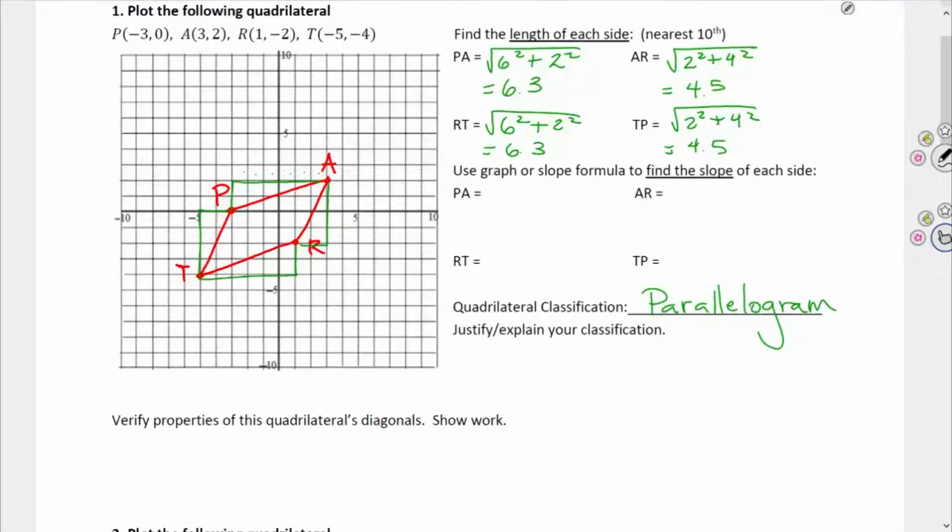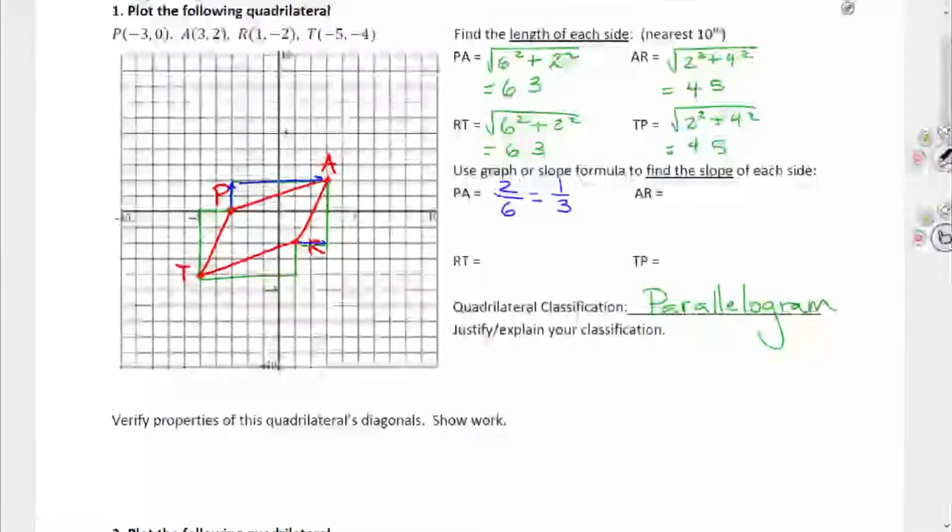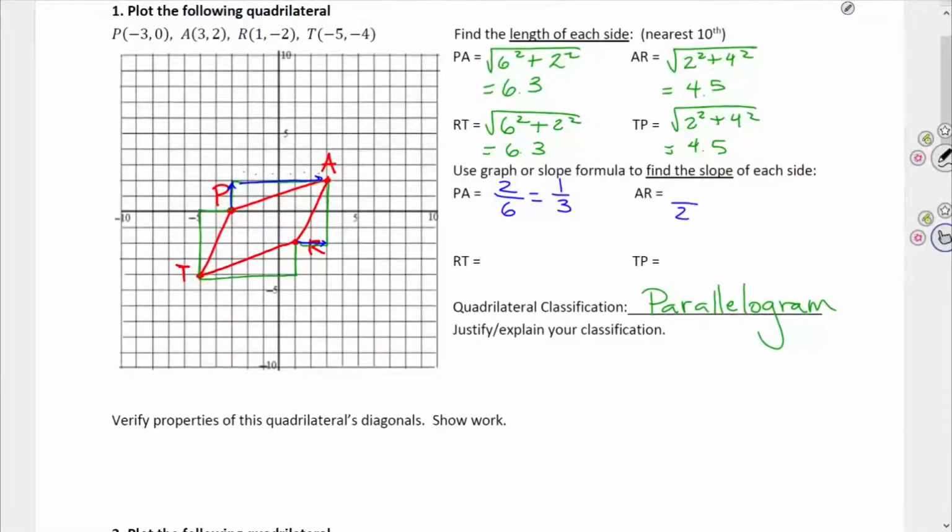So the slope of PA, there's a rise of 2 and a run of 6. Both are positive, and so you get a slope of 1/3. For AR, I have a run of 2 and a rise of 4, so I get a slope of 2/1.